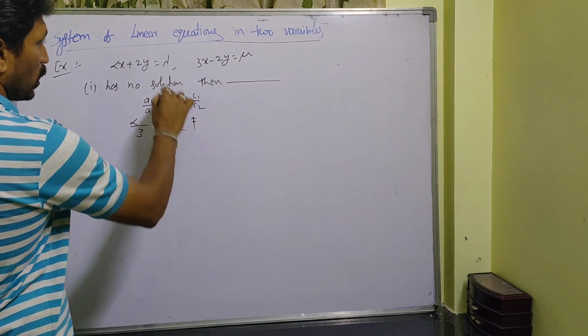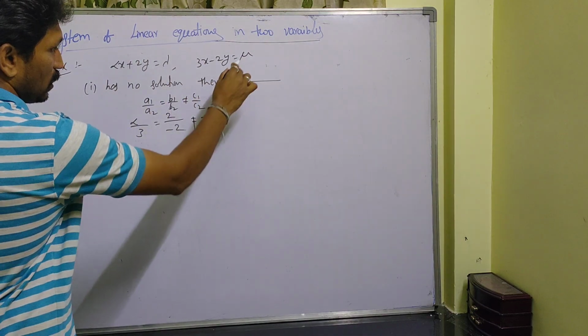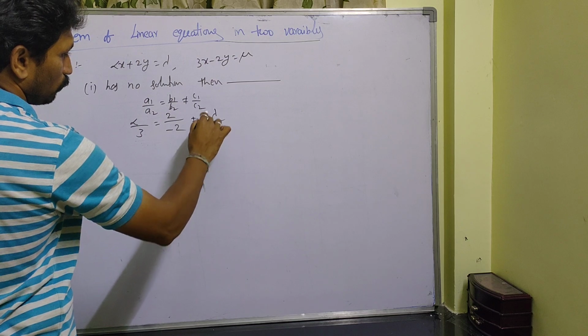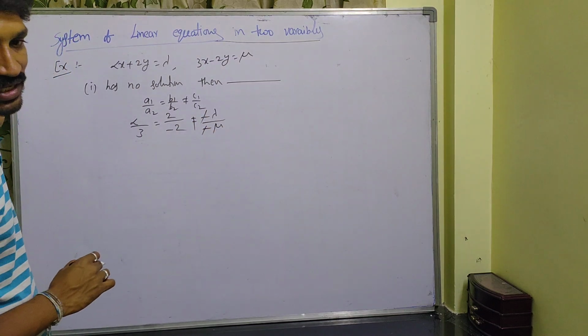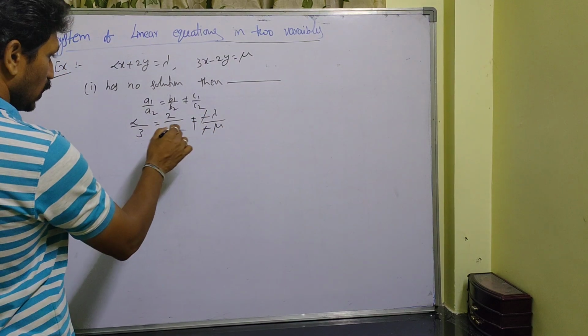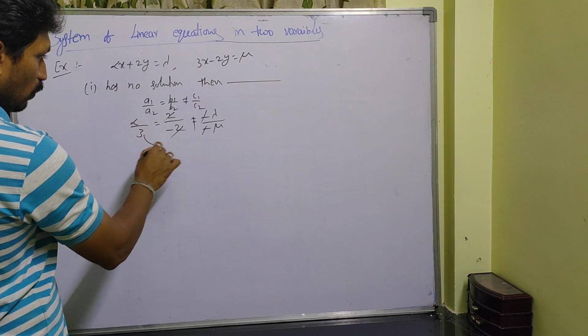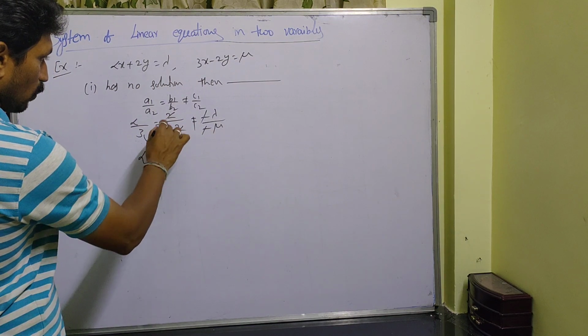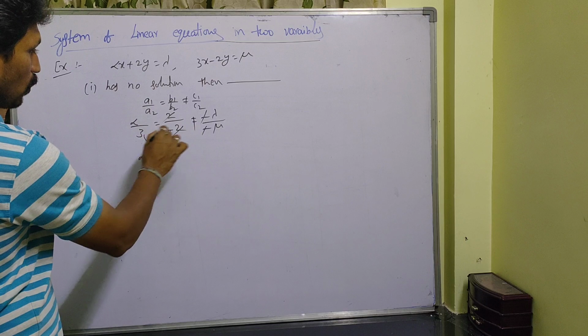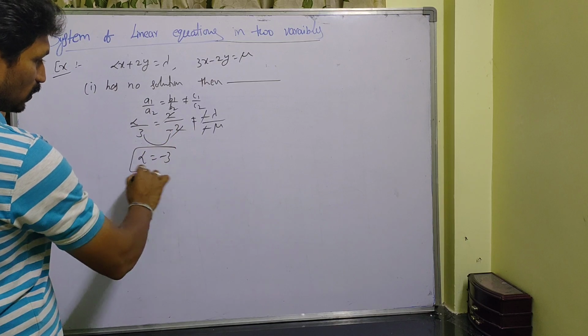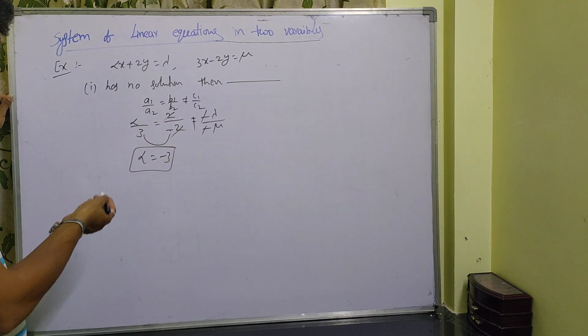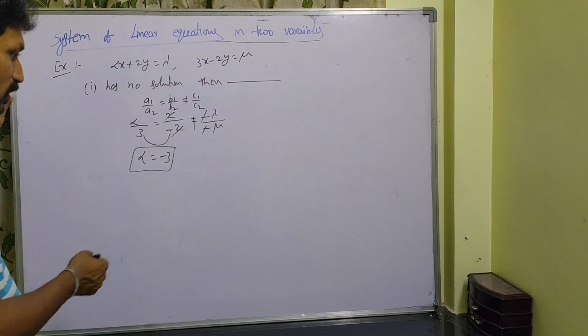C1 means what is here? Minus lambda. C2 means minus mu. Minus minus get cancelled. Okay. See here, 2 get cancelled. So equate these two. What you have? Alpha is equal to minus 3. So this is the alpha value. So you may have one of the option, alpha is equal to minus 3.